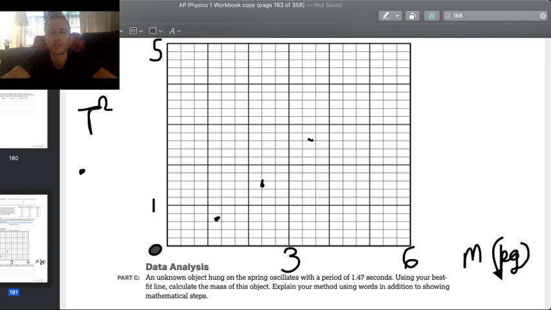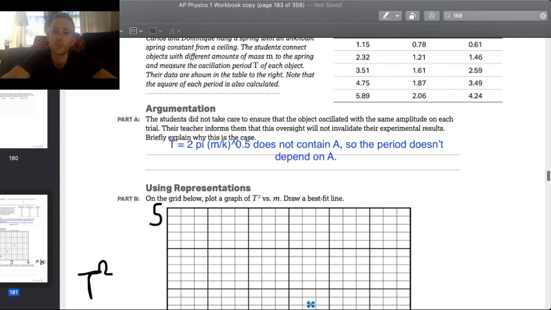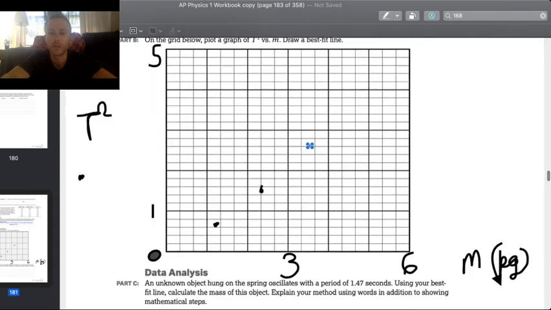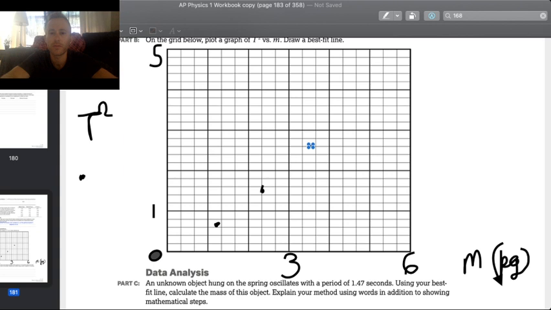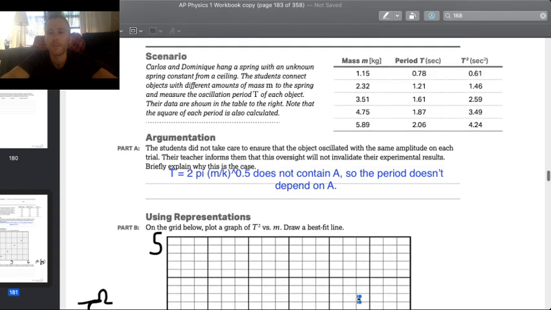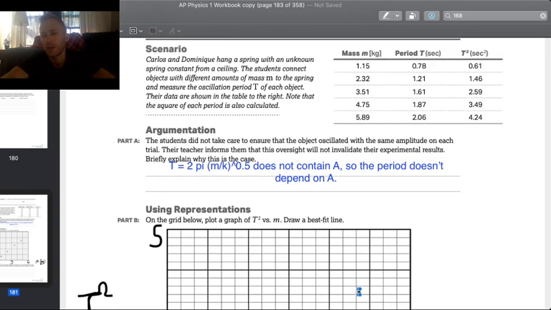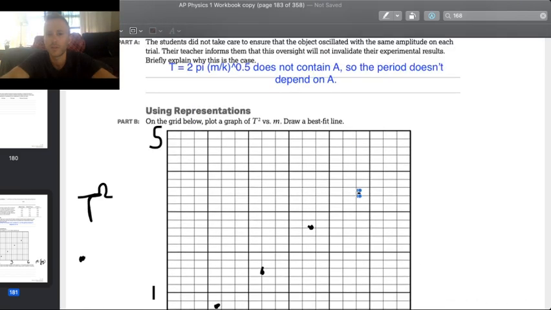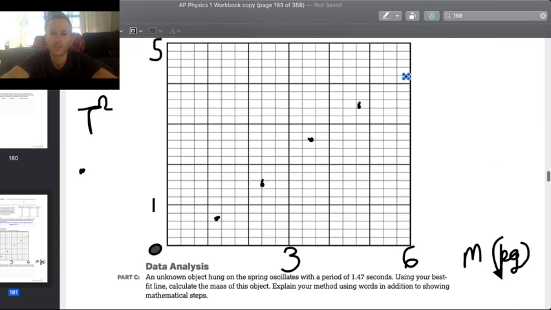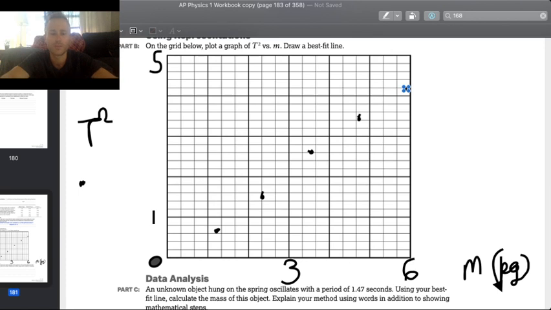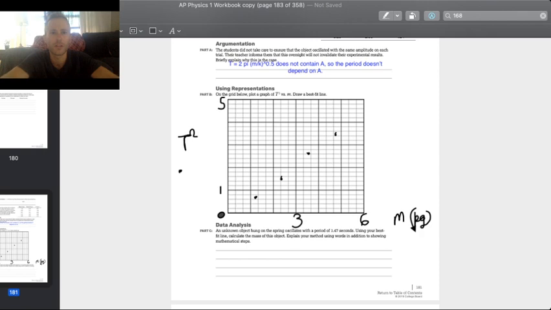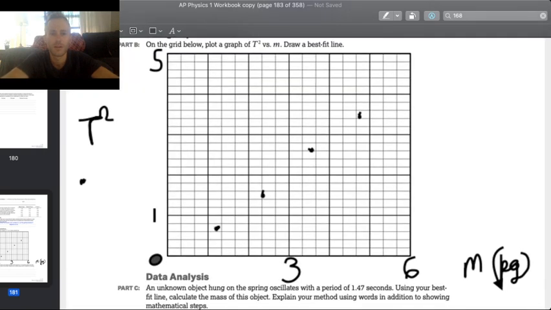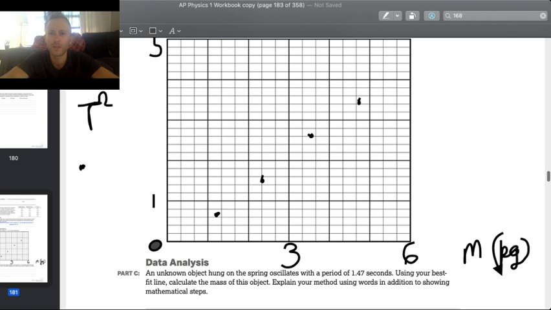The next one is 4.75, 3.5. And then the final one is 5.8 and 4.2. So that would be roughly right there. So we can see we've got a nice best fit line that looks like this.